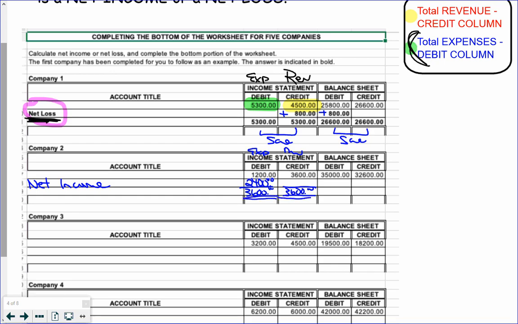Double underline. Because it's a transaction, if I am debiting here, then I am going to credit here, because you want to have debits equal credits. Now if we look, this one's 35,000. 32,600 plus 2,400 is also 35,000. So that's the final piece of this.